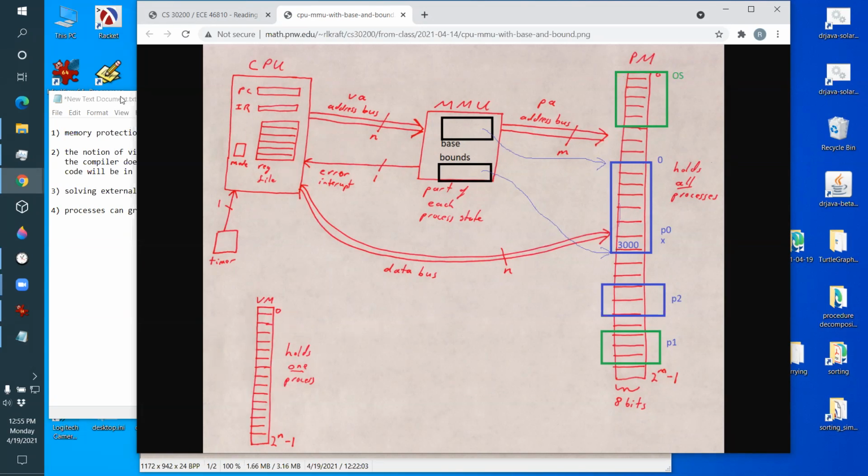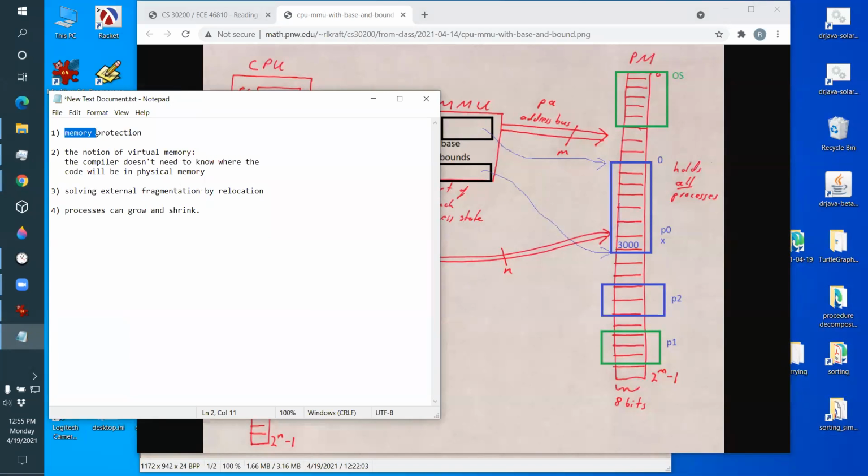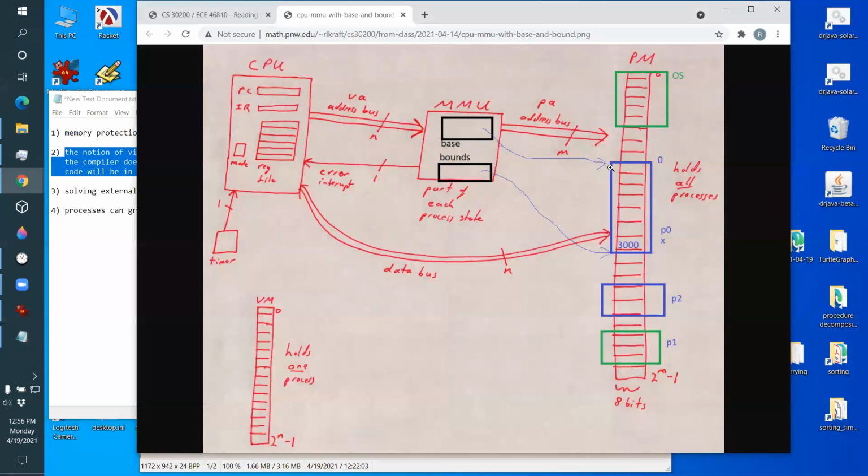So the most core benefit is memory protection. Then the next benefit is this notion of virtual memory, that the compiler doesn't need to know that your program is going to be located at a particular physical address. There was a time in the old days when programs had to be written for specific memory addresses.